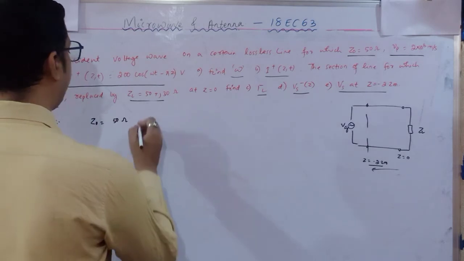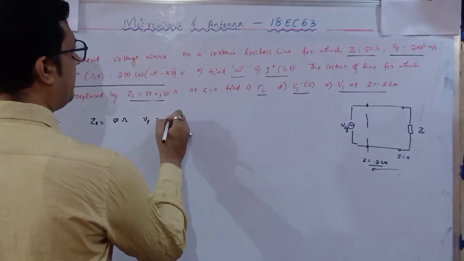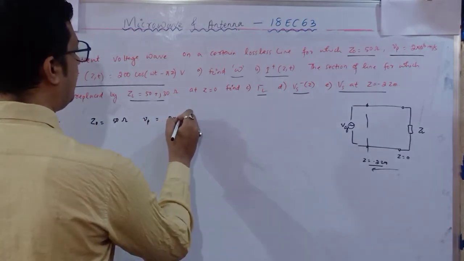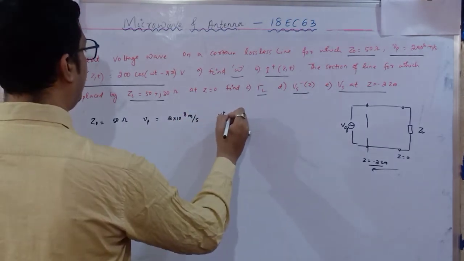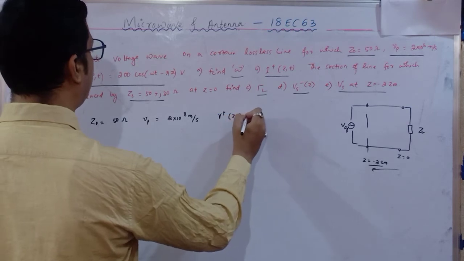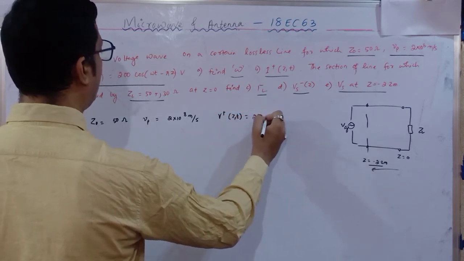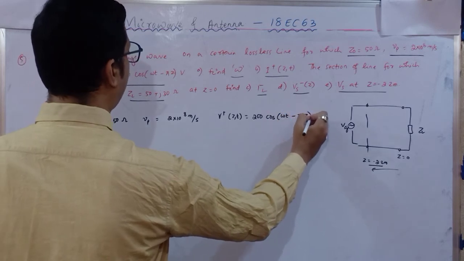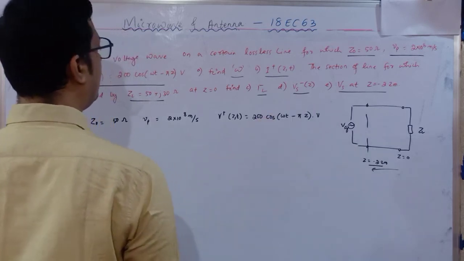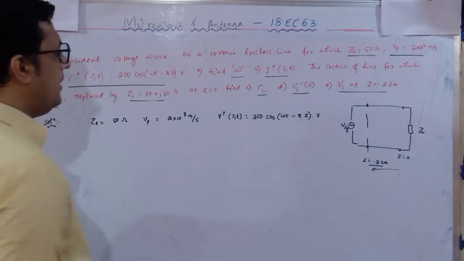Characteristic impedance is 50, phase velocity is 2 into 10 to the power 8 meter per second, incident potential V plus of z, t is 200 cos omega t minus pi z volt. So these are the given data.